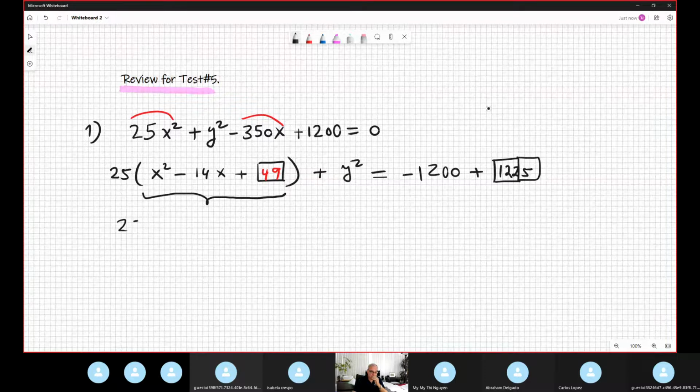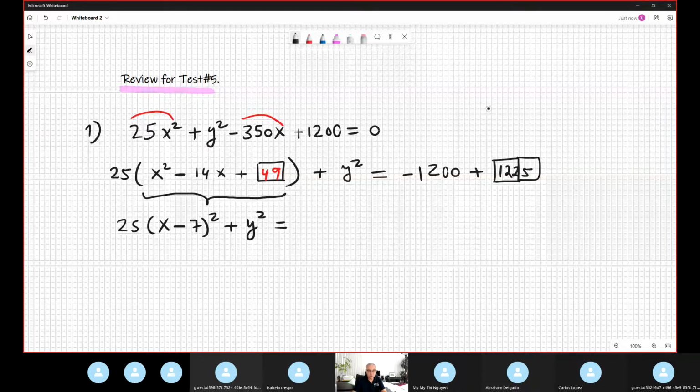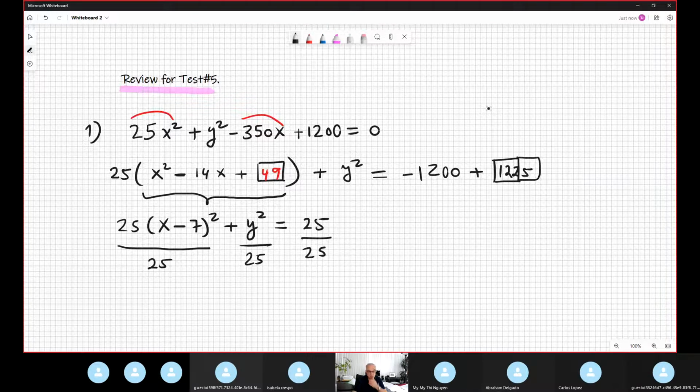It's 25 times (x minus 7) squared, because this is the sign that's important, and the square root of 49 is 7, plus y squared equal, now the subtraction here gives 25. The last detail is to divide everything by 25, because remember, for the equation of any conic section, like the ellipse and hyperbola, the right hand side is 1.